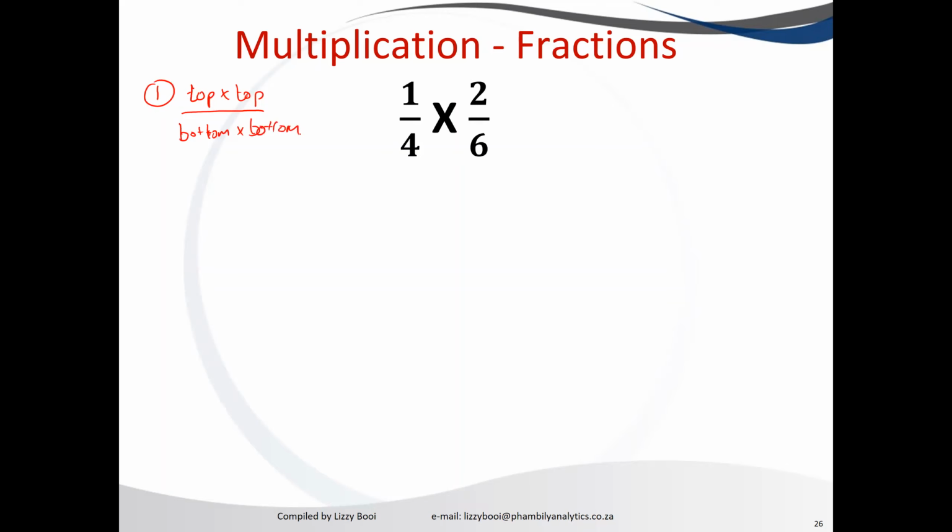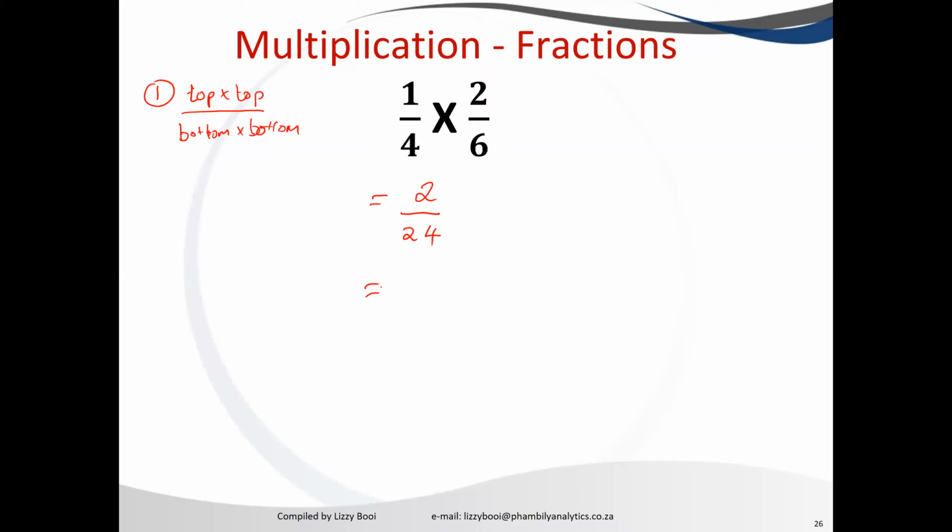So let's do that. 1 times 2 is equal to 2. And 4 times 6 is equal to 24. And this can be simplified further, since you remember, when we're solving multiplication, we need to simplify them to the lowest form.